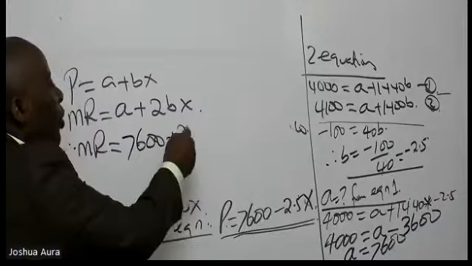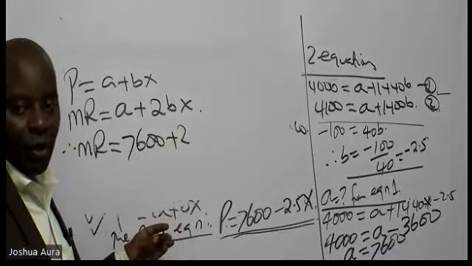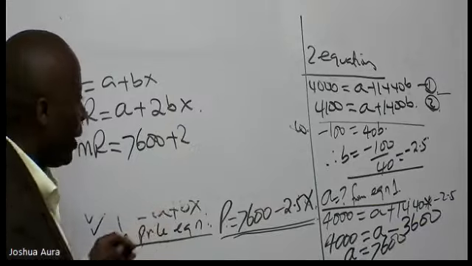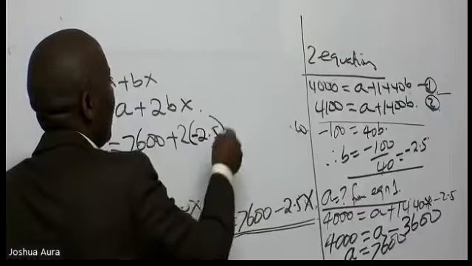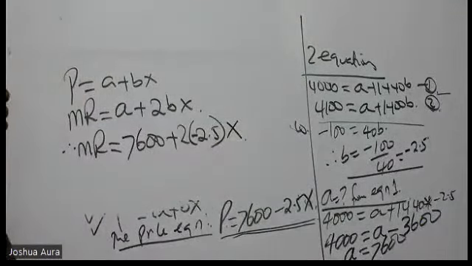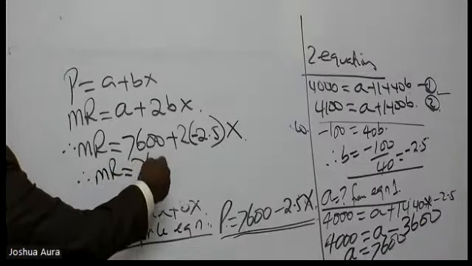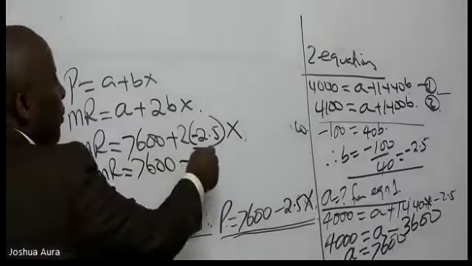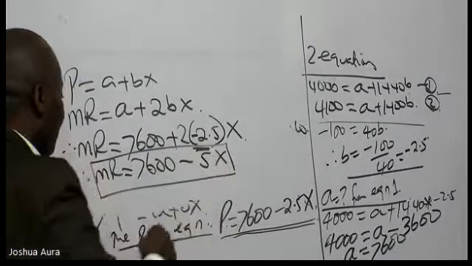Plus 2, do we know the value of B? Minus 2.5. Then of course, X, we don't know X. So my marginal revenue will end up being 7,600 minus 5X. This is the answer.